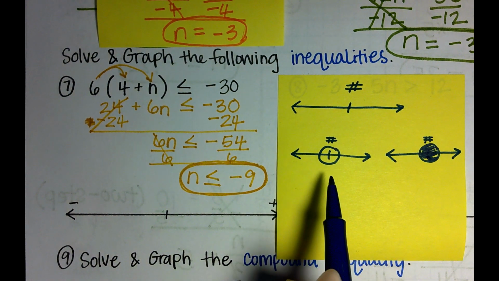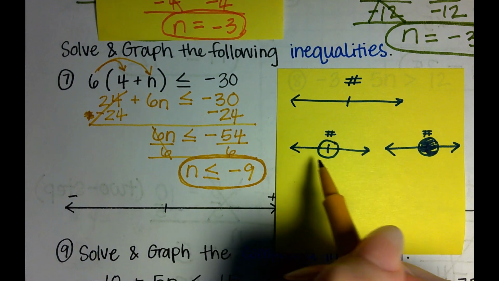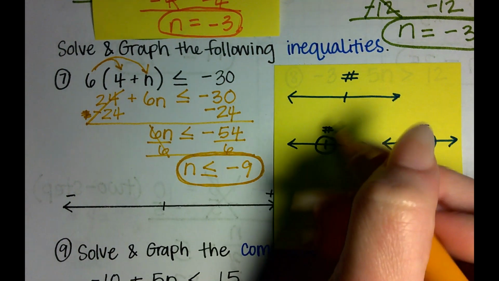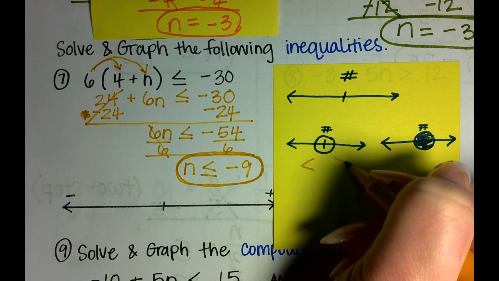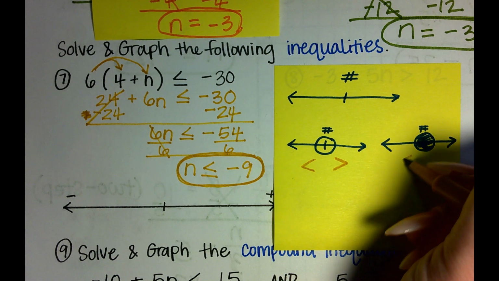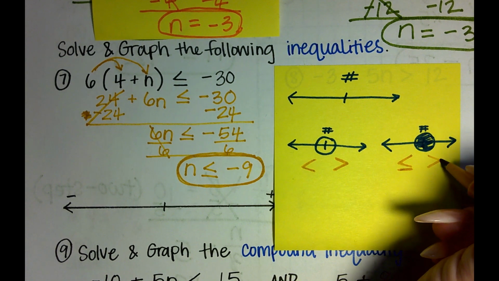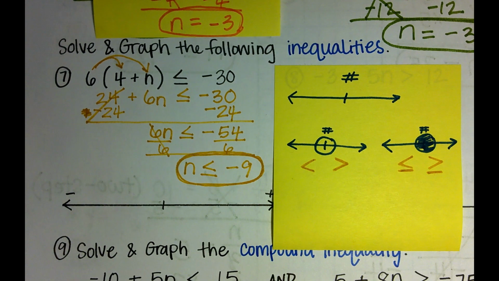How do I know? The open circle is shown with a symbol that is either less than or greater than. My shaded circle would be less than or equal to or greater than or equal to. So you're really just looking for that line on the bottom.